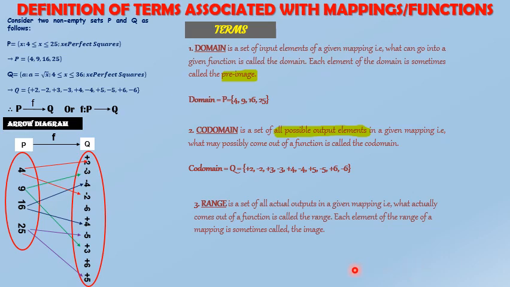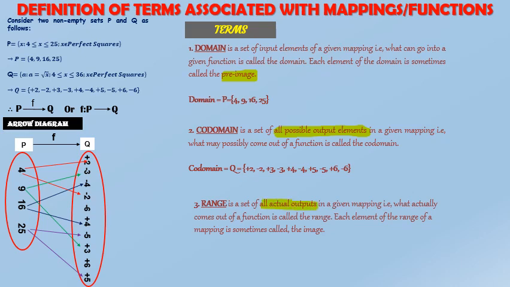Your range now is the set of all actual outputs. Let me just highlight that for the sake of emphasis.